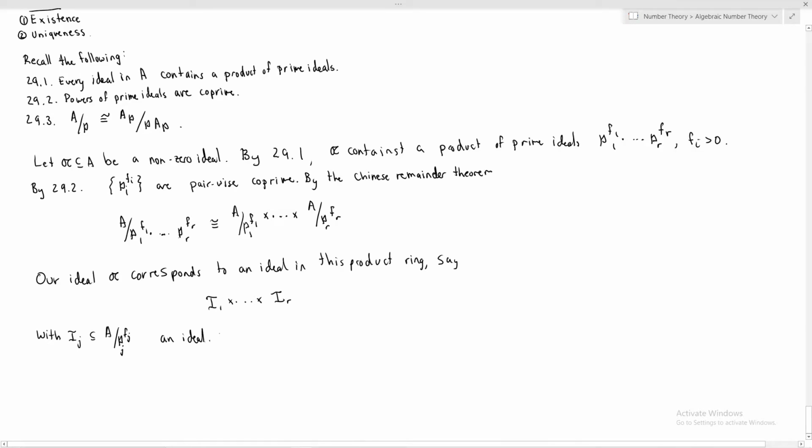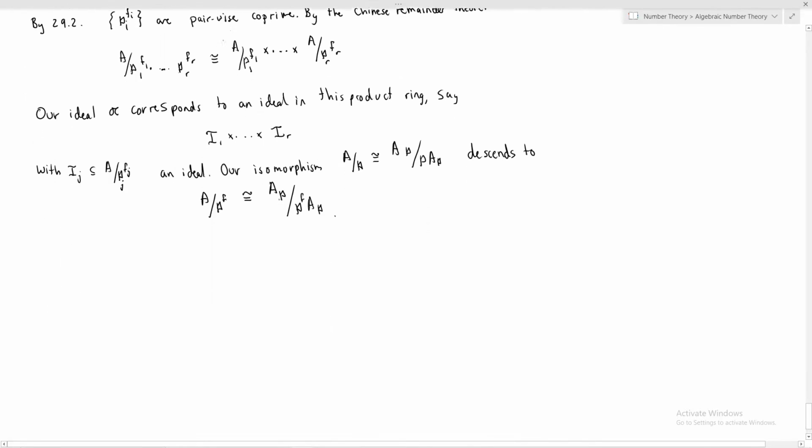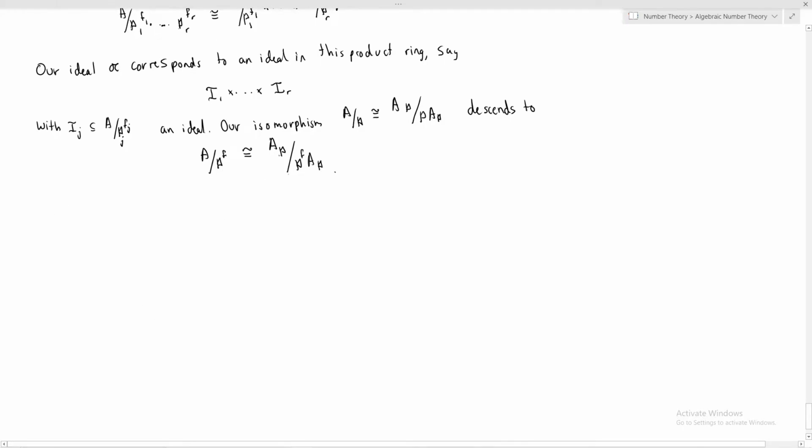Now, you can check the following. Our isomorphism here, A mod P isomorphic to A_P mod P A_P, descends to an isomorphism A mod P to the F isomorphic to A localized at P mod P to the F A localized at P. So you can check pretty easily that you get an isomorphism here, and ideals in this ring.